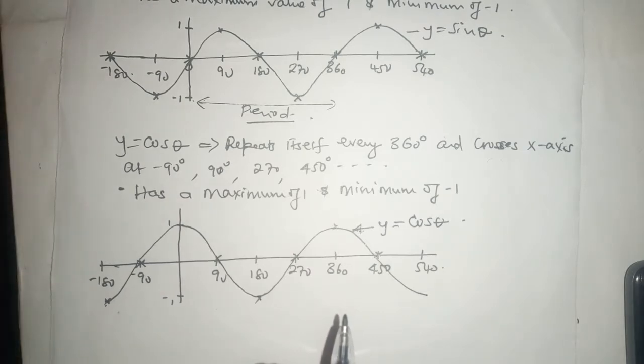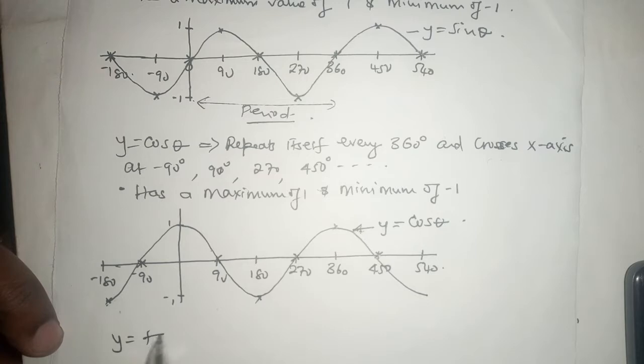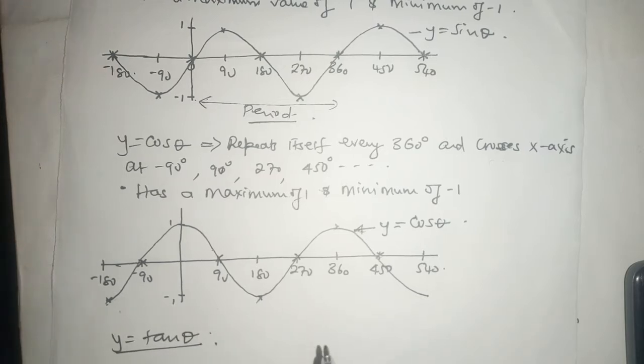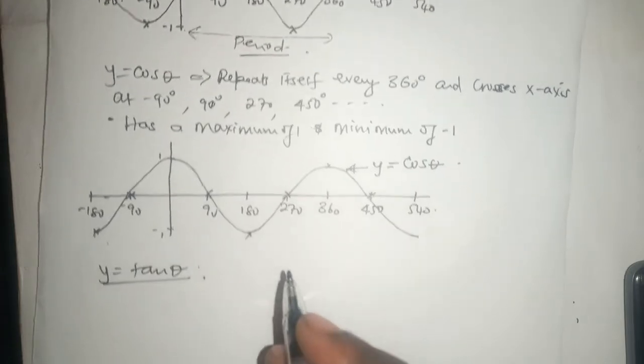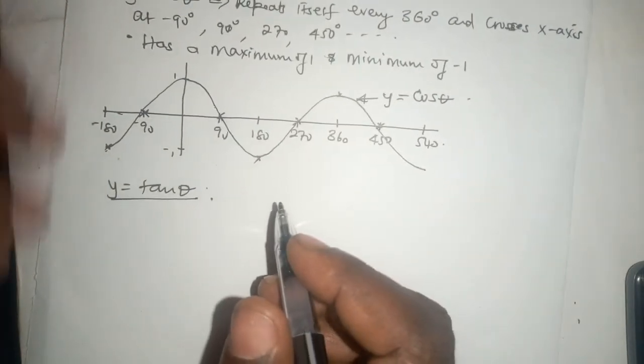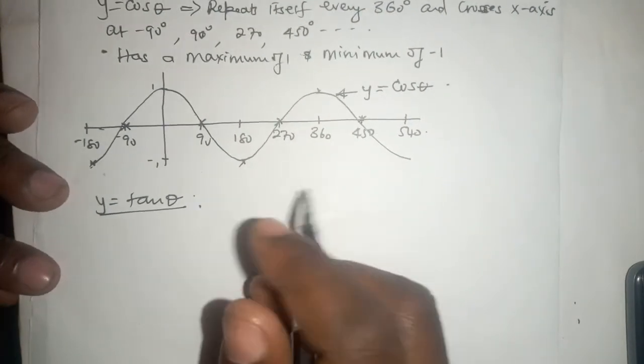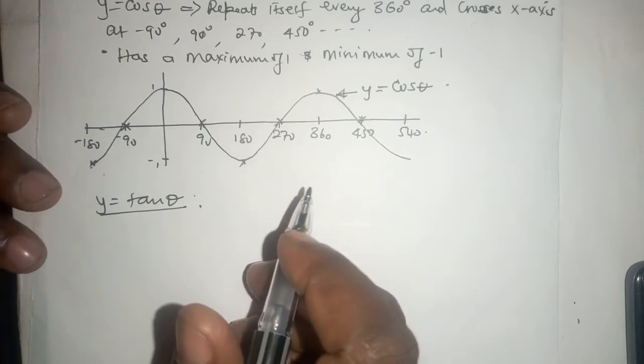And I would want us now to go to the graph of y equals the tangent of theta. And this one is a bit of a special graph because the graph of y equals tan theta repeats itself every 180 degrees.